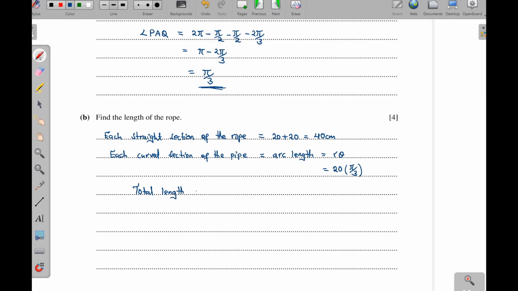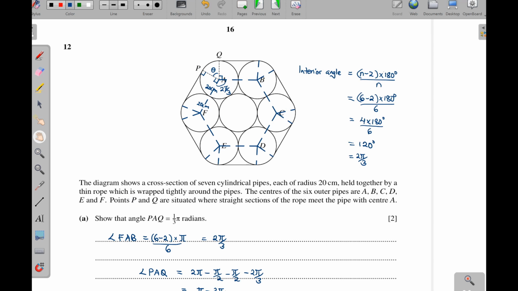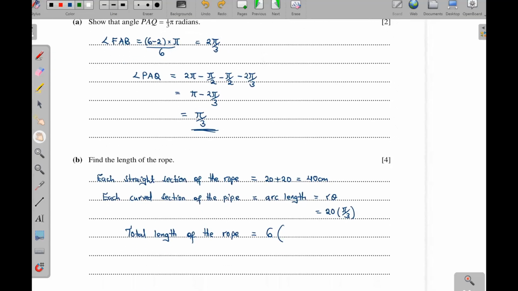So the total length of the rope is going to be equal to 6, then times, because remember I told you these lengths are, this is 1, 2, 3, 4, 5, and 6. And then also the curved sections are 1, 2, 3, 4, 5, and 6. You get that? So we are going to say 6, then times these two that we have gotten here.